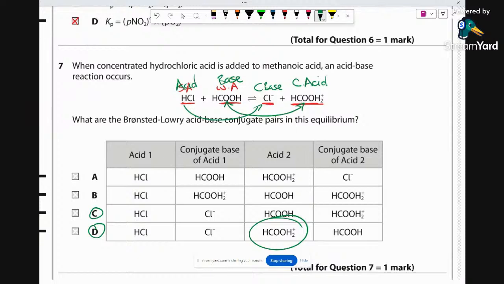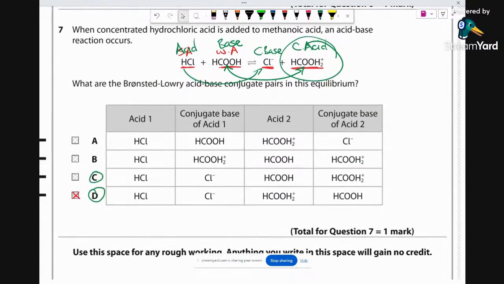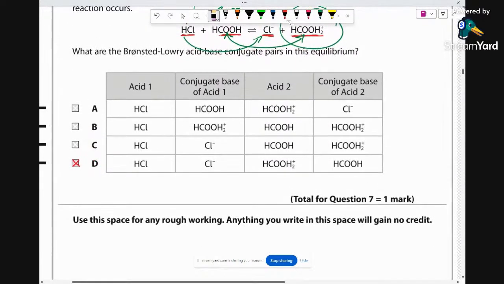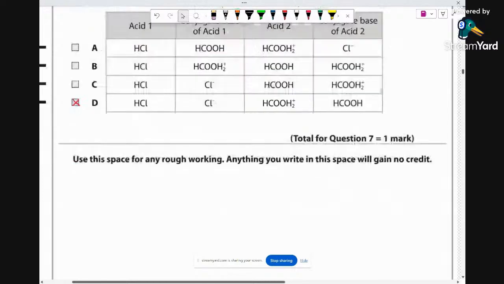That's a trick. They shouldn't do that. But this one is the acid, and this is the conjugate base of acid 2. And that's correct because it's going in the other direction. So the answer is D. But can I just point out, fundamentally, that question is flawed, and Edexcel are doing it just to try and trip you up. So D is the correct response, although we will check when I mark it.